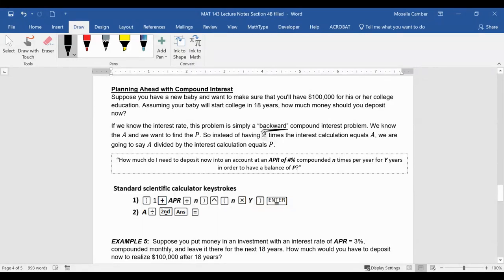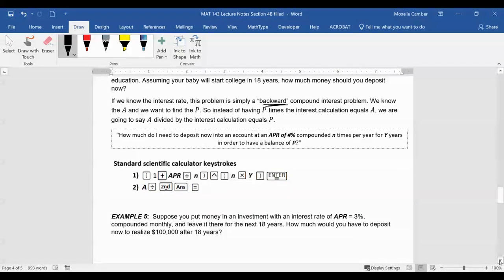So we've done this before in certain things, especially with percentages. So essentially when we're going backwards, we're just going to reverse an operation. So instead of starting with P and finding A, we're going to start with A and find P. So before we did P times our interest calculation, but this time we're going to do A divided by my interest calculation.